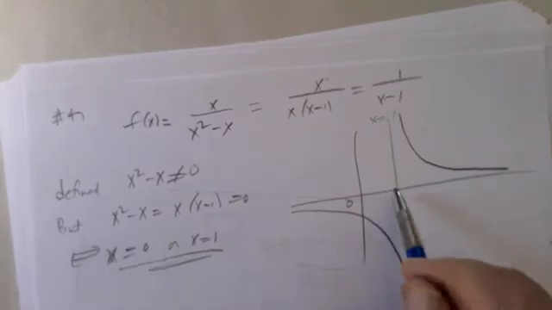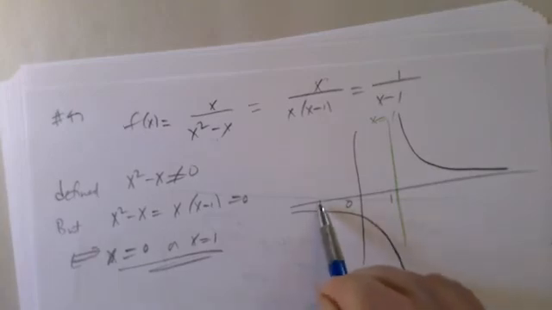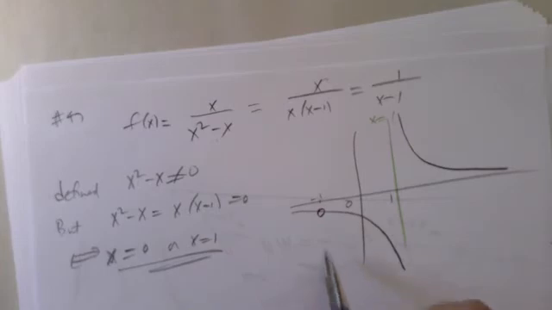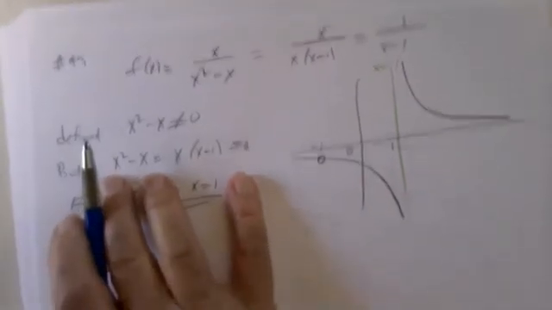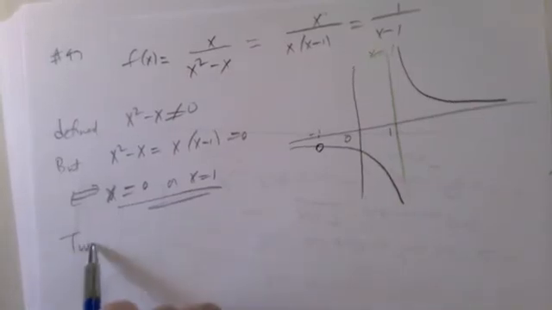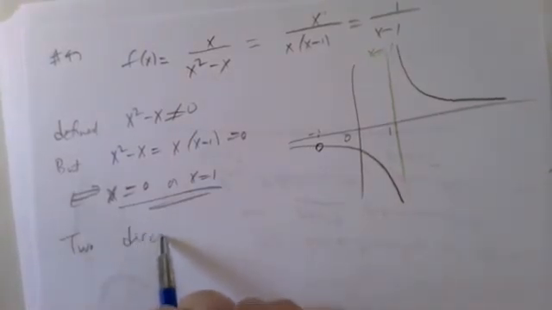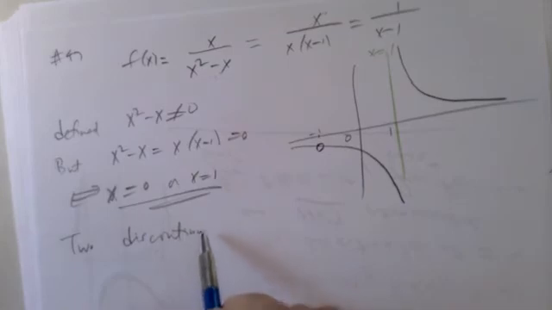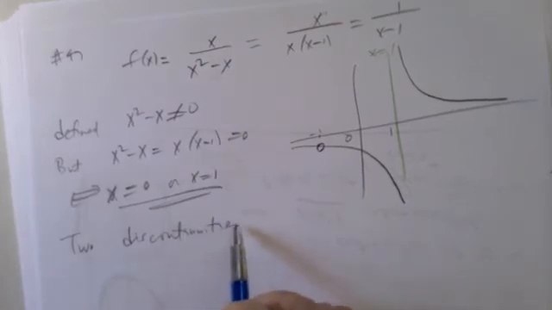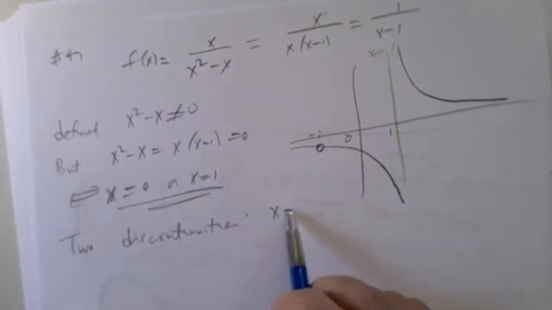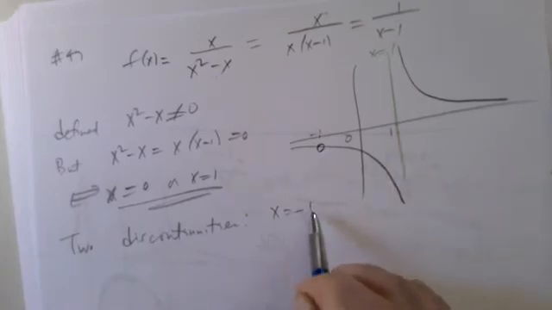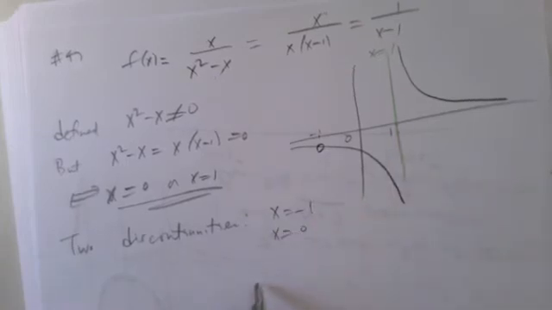Except at 1, it's not defined, and at -1, it's also not defined. So we have 2 discontinuities, 2 points where the function is not continuous. X equal -1 and x equals 0.